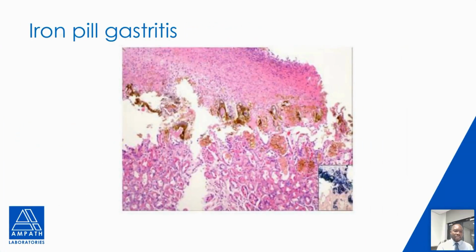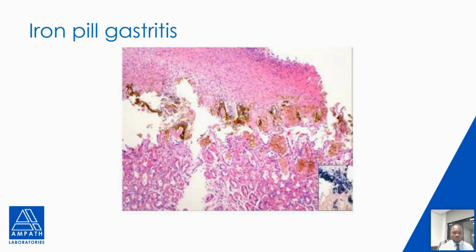Iron pill gastritis. This is the effect of the iron pills that a patient may be taking. This patient may experience dyspepsia, gastric pain, gastric ulceration, even gastric perforation. What one will see is the deposition of crystalline material on the surface of the gastric mucosa.